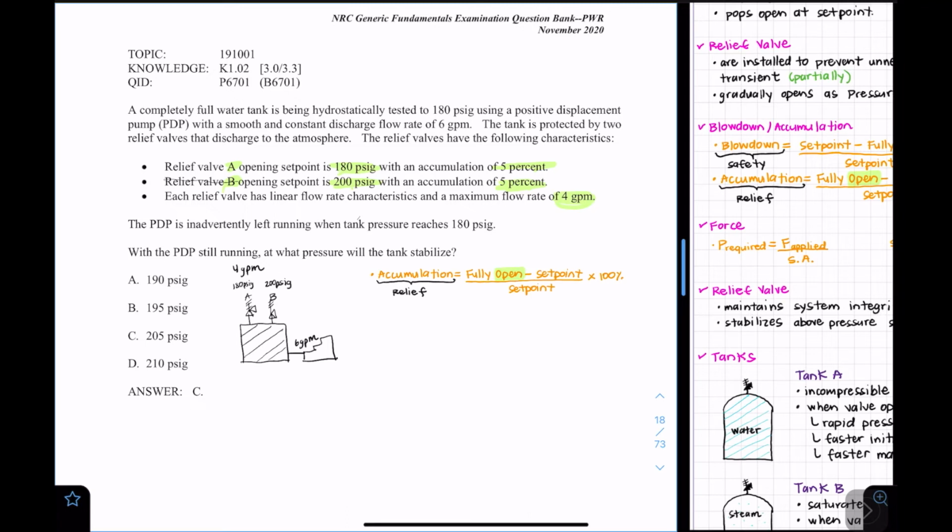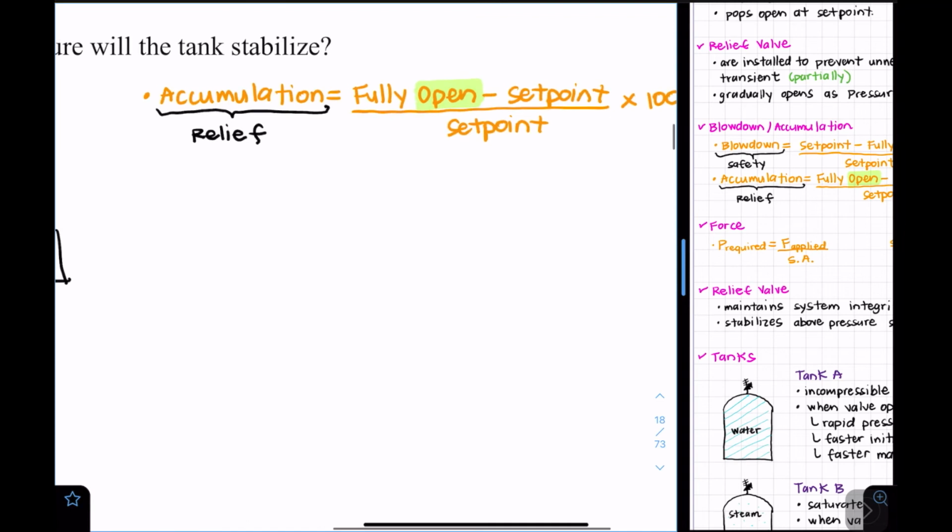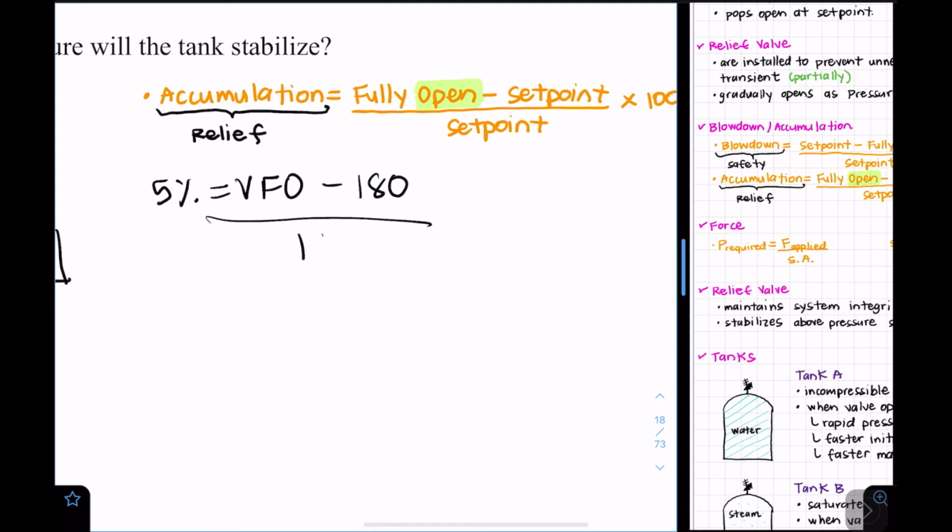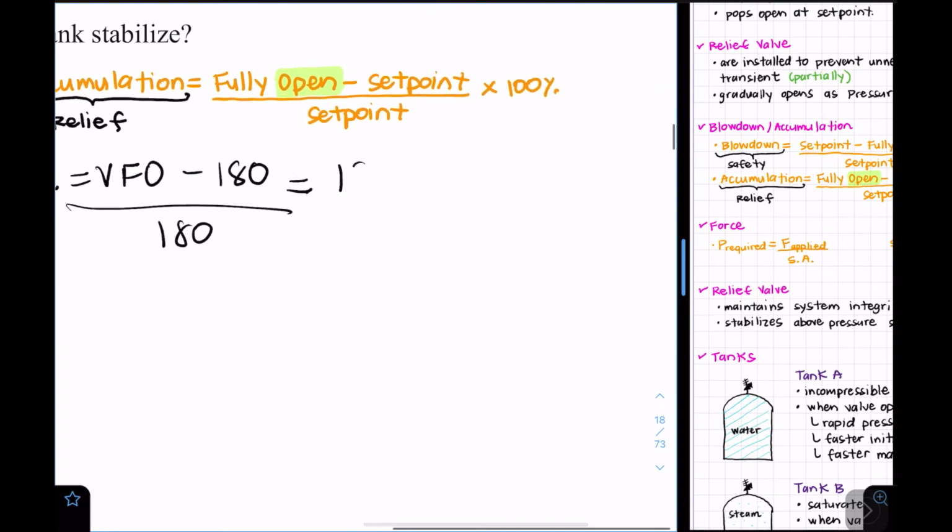So I start solving this. Both have the same set point, so 5% accumulation, valve fully open, minus 180 over 180, and we use our calculators, and that's going to give us 189.